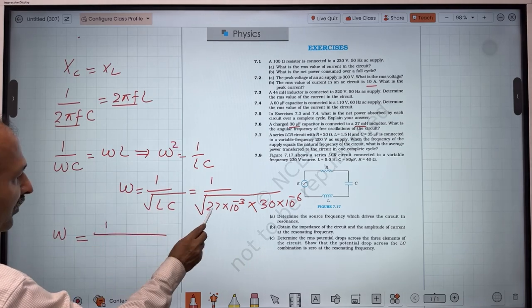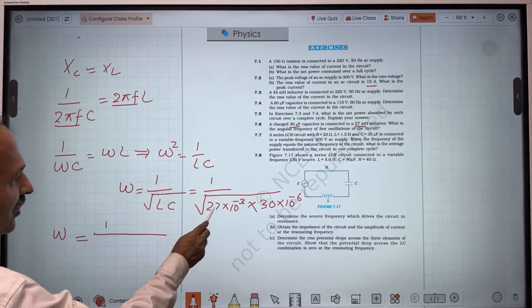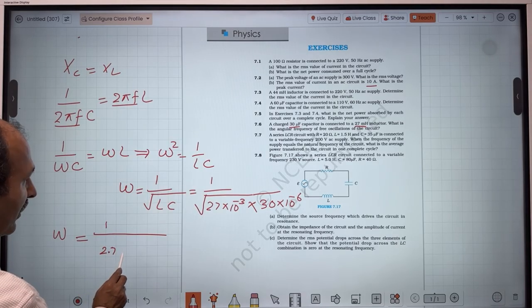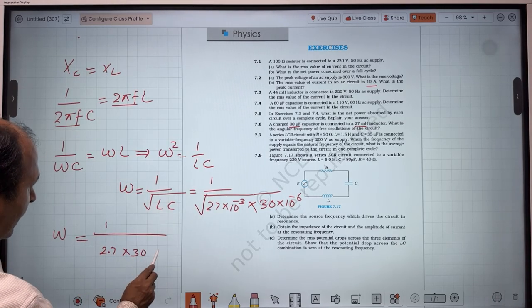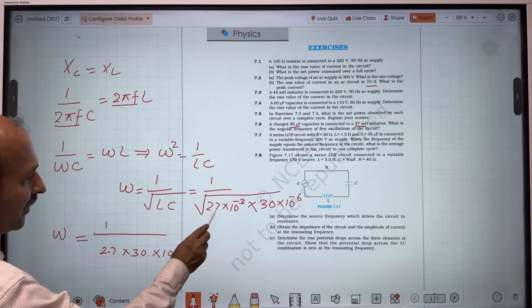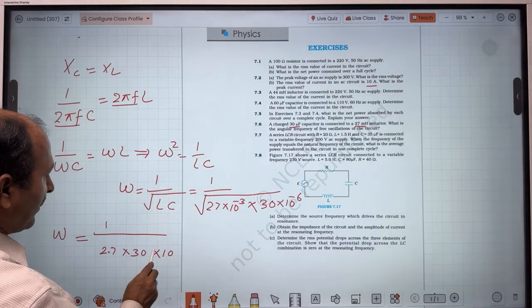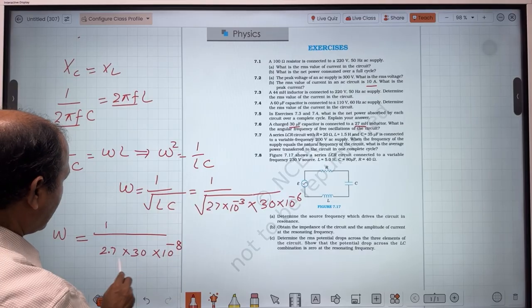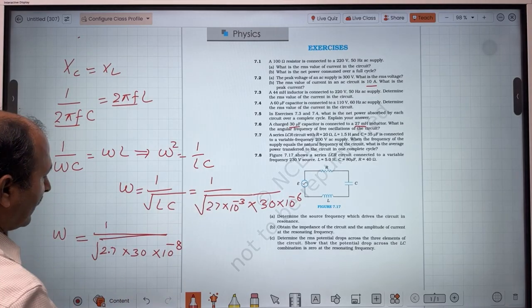This will become omega equal to, from here we can do one thing. We can write it like 1 upon, we make it 2.7 into 30 into 10 to the power, here 2.7 means 10 power minus 2, and this minus 6, 10 power minus 8 under root.